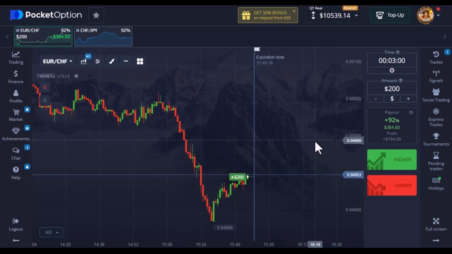And as you can see, I believe that this pair will grow in price. I already pressed the button higher, and the reason I think so is because I see how stable our pair is in its movement. For example, our pair held its price for quite a long time, after which the correction, the impulses and downtrend had to start.